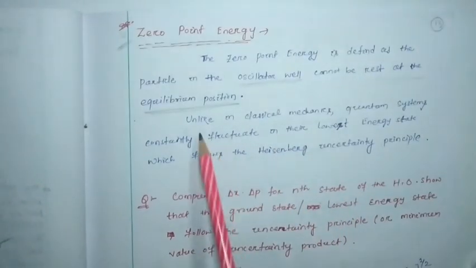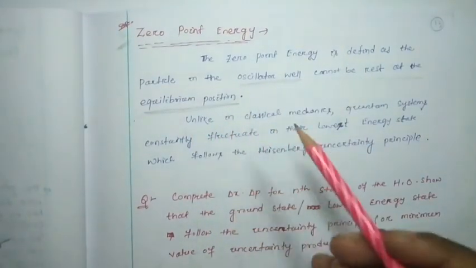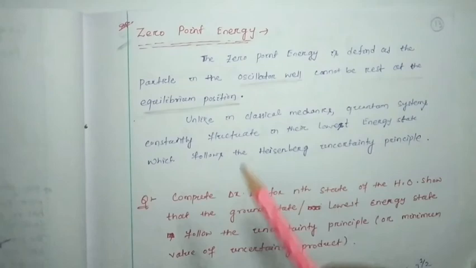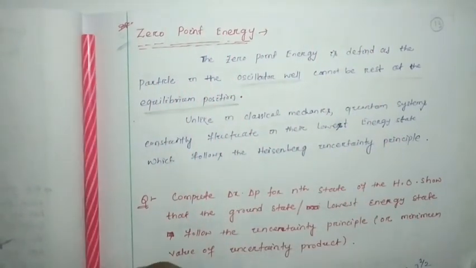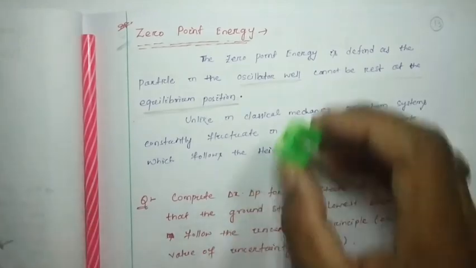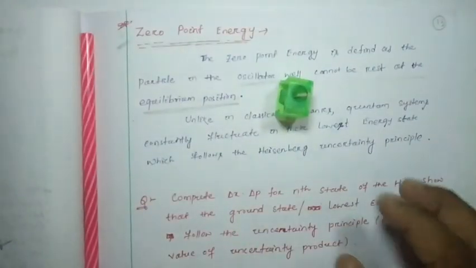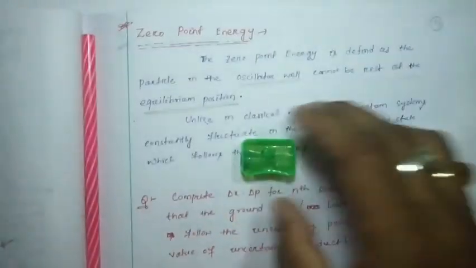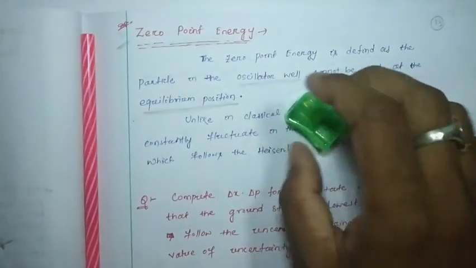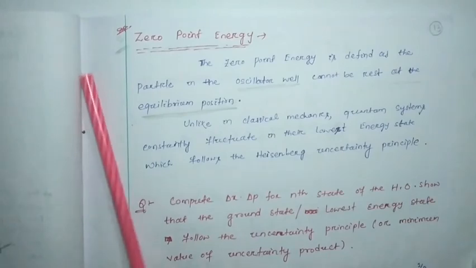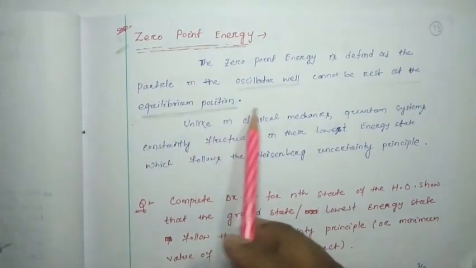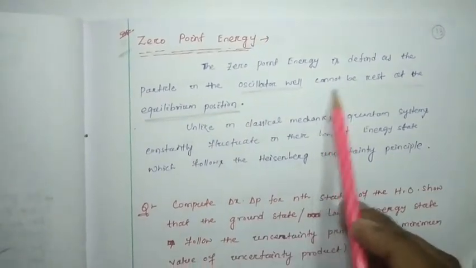In the classical case, equilibrium position means this one, this is called the equilibrium position. If it is disturbed, then it is a non-equilibrium position. But in the quantum mechanical case, it cannot be at rest.